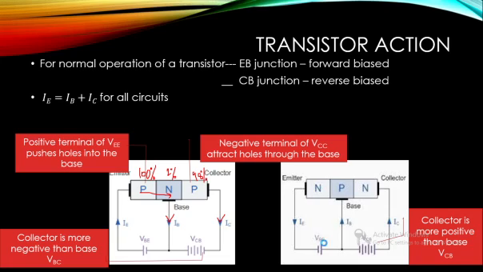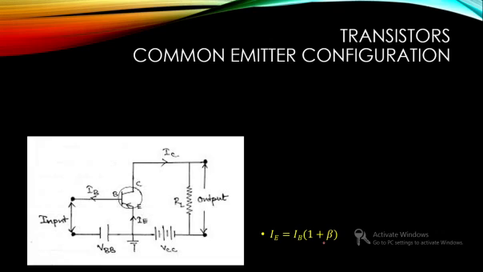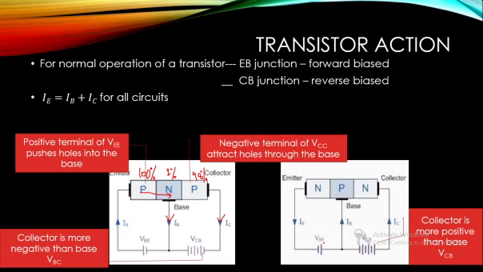Okay. So now let us come to the common emitter configuration. That means we can connect the transistors in various configurations. As you are aware, there are two circuits and three terminals. One is the input and the other is called the output circuit.